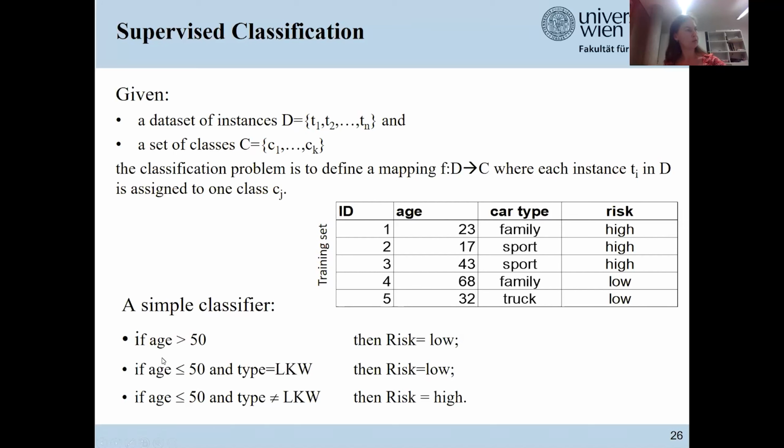So if a person is older than 50, then he or she tends to have a low risk. And also if it's a truck driver, so LKW is a truck, then the risk is also low. But if the person is young and drives some other car, the risk tends to be high. These are just some simple rules which can be inferred from your training data, and we will see in the decision tree how we can do this inference.